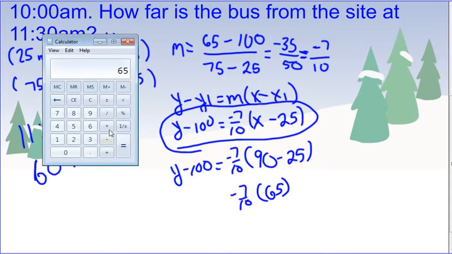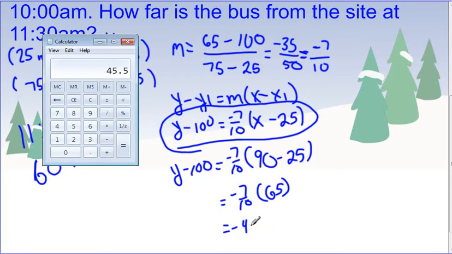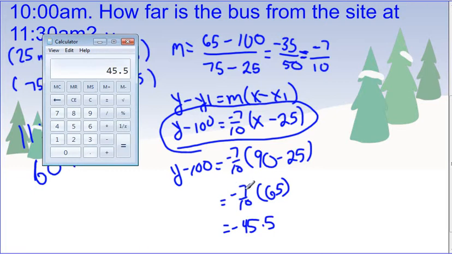And 65 times 7/10, we take 65 times the 7, then divide by the 10, and it will be a negative. So it was negative 45.5. By the way, that's how you do this math on a cheapo calculator: you take the 65 times the top number, divide by the bottom number.